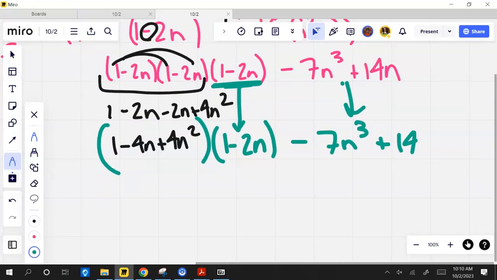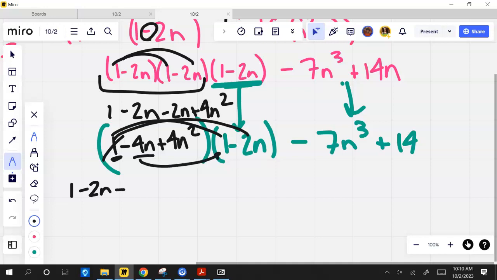So now whenever I multiply this through, I'm going to take the first one, and it's going to distribute through. 1 times 1 is 1, minus 2n, and I'm done with that one. Go to the next one. Negative 4n times 1. Each one of them has to distribute through to everything.